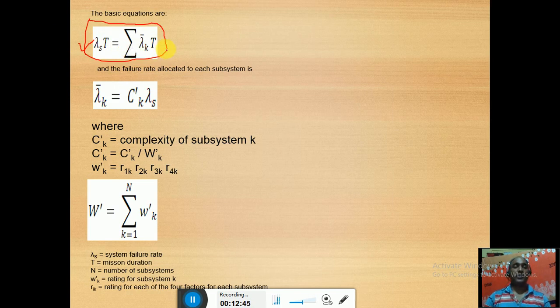Allocating failure rate or reliability is one and the same. Reliability is equal to 1 minus failure, or reliability plus failure must be equal to 1, or failure rate must be equal to 1 minus reliability. So there is a direct relation between failure and reliability. If you allocate the failure or reliability, it is one and the same.